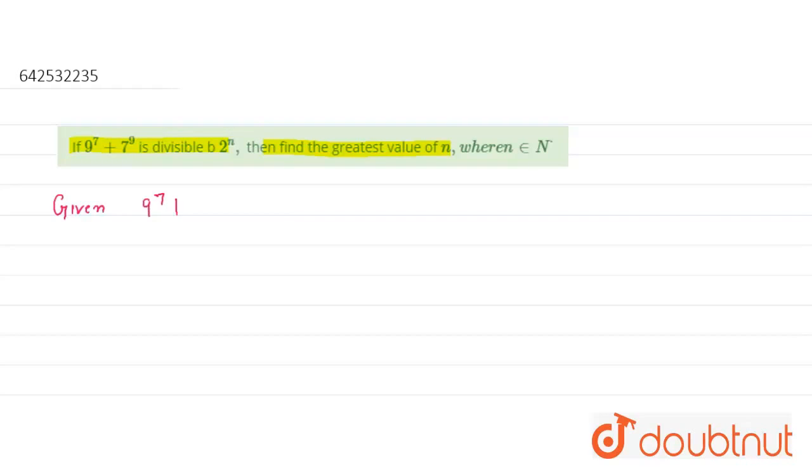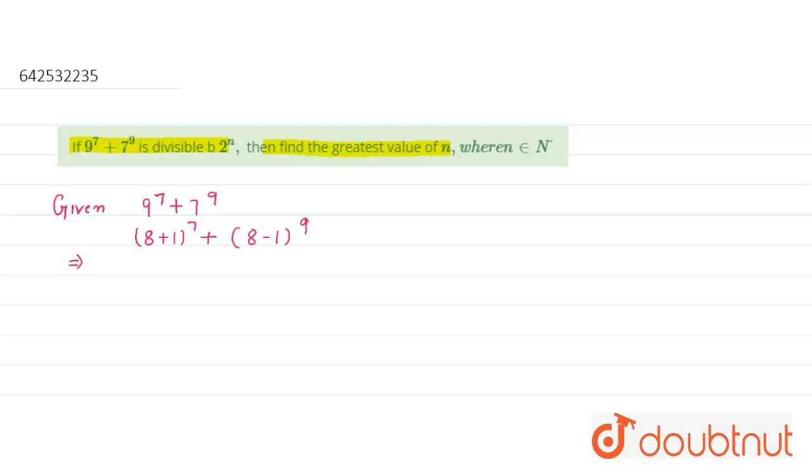Now, what we are given is 9 raised to the power 7 plus 7 raised to the power 9. I can write this 9 as 8 plus 1 raised to the power 7, plus this 7 as 8 minus 1 raised to the power 9.